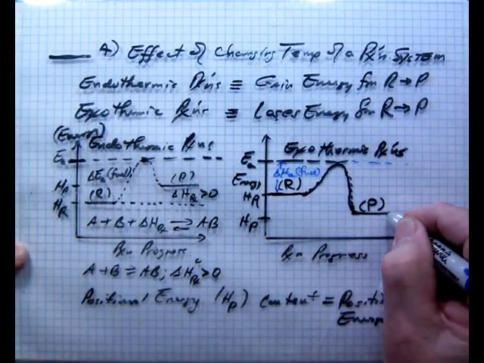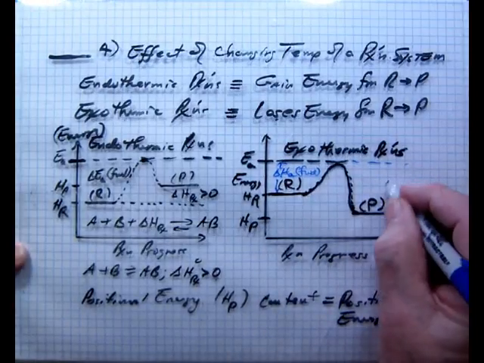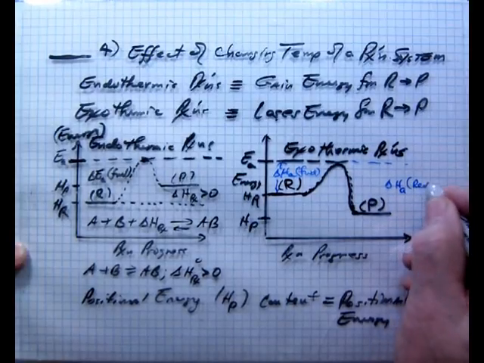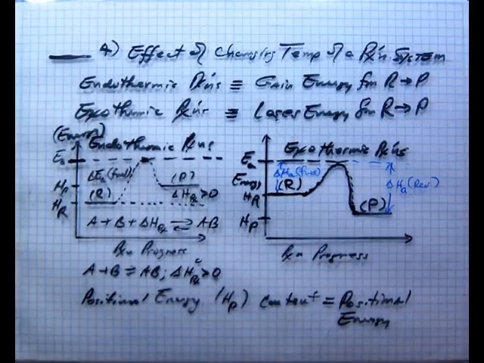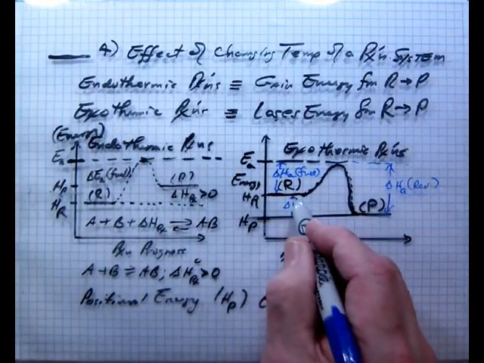And from the positional energy point to the activation energy, we have a delta H A for the reverse reaction, which would be this distance. And find the delta H of reaction to be right here.